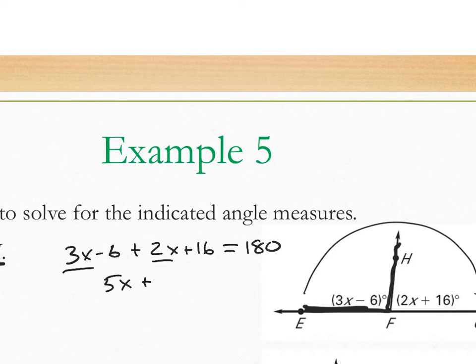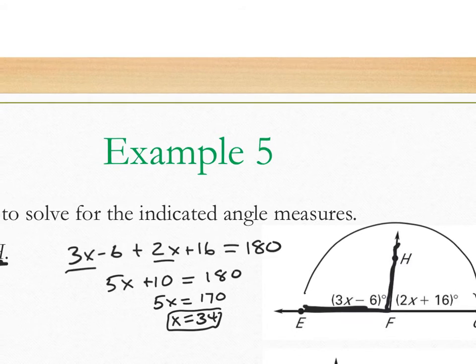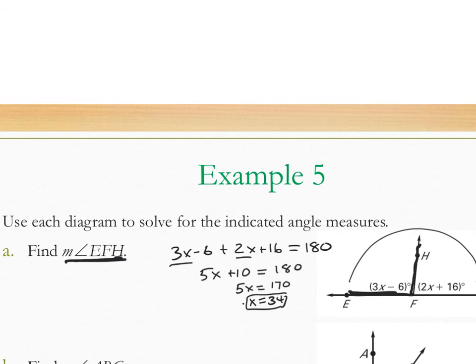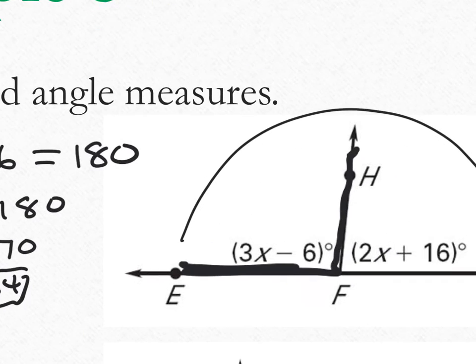Forgive me for going quick here. I just want to make sure I get your quizzes back to you. 5x plus 10 is equal to 180. I'm going to subtract 10 from both sides, and I get 5x is equal to 170. Divide by 5. Again, this is the same problem we had earlier, and now we've got x is equal to 34. I'm going to plug it in to EFH because that's just what they want to know. 3 times 34 minus 6.